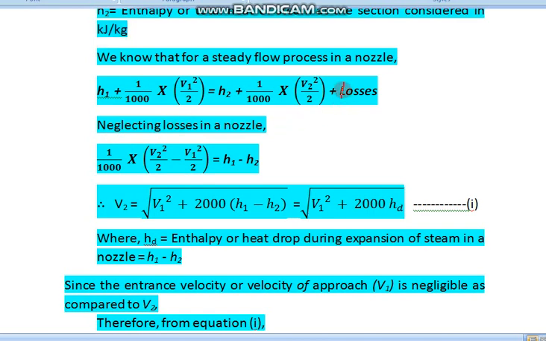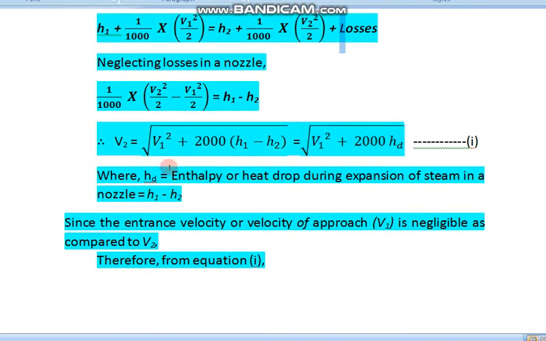Neglecting the losses in the nozzle, 1 by 1000 into V2 square by 2 minus V1 square by 2 is equal to H1 minus H2. So this equation gives V2 equal to square root of V1 square plus 2000 into (H1 minus H2), which is equal to the square root of V1 square plus 2000 into HD.